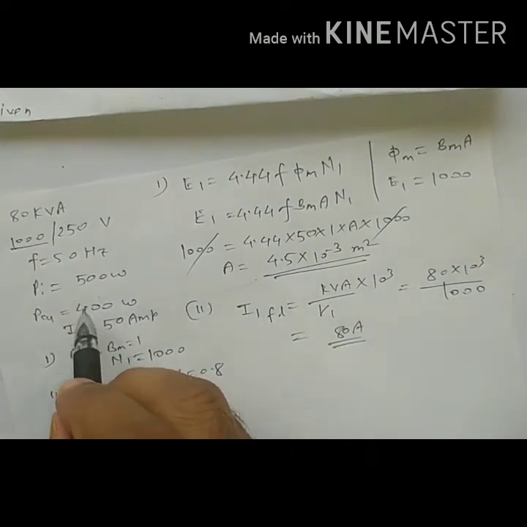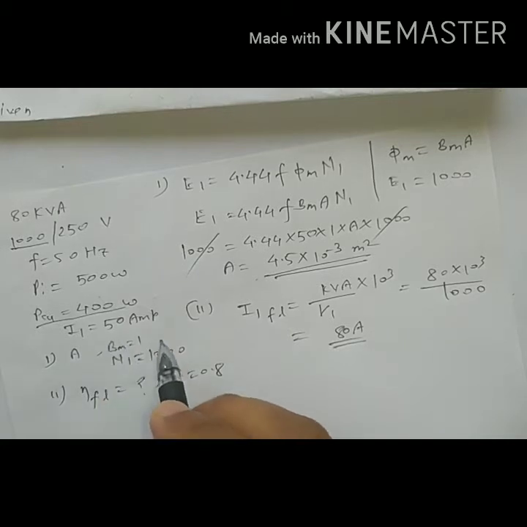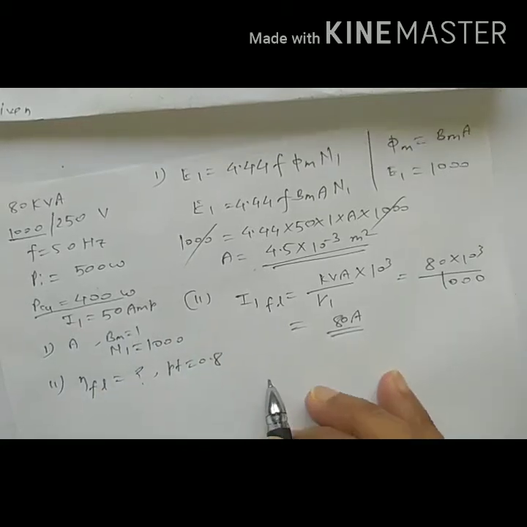Therefore, this copper loss is not full load copper loss, because this is copper loss when current in transformer is 50 ampere. That means transformer is not fully loaded, it is partially loaded, and that fractional loading can be calculated by formula.